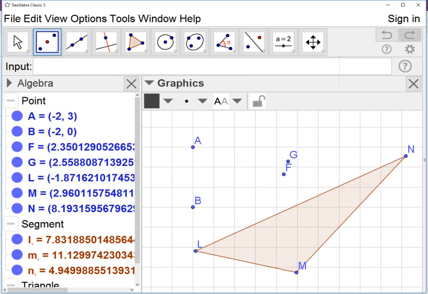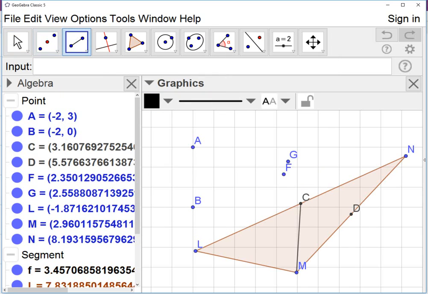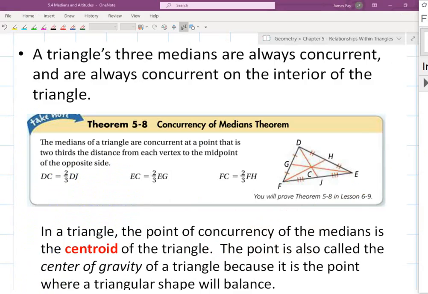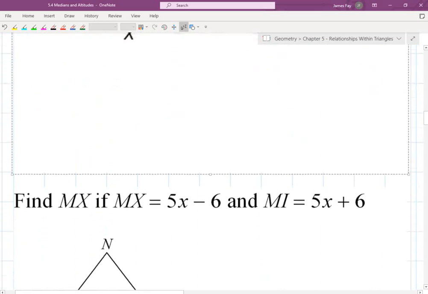You would put it so that's a median, and that's a median, right? You only need two because all three are going to, so if I do that, that's going to be the third one, right? So you would need to put your needle right there. Is that cool? Yeah. All right, so that's called the balance point or the center of gravity, and we call that the centroid. Okay, so in regards to finding the centroid, okay.